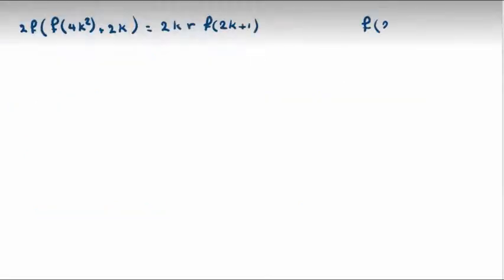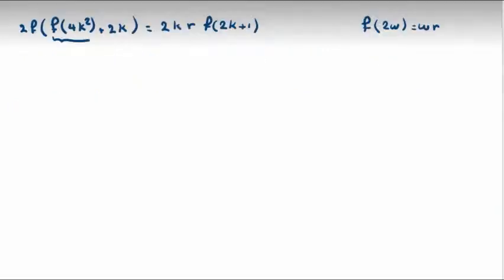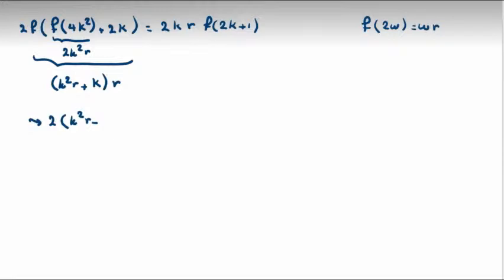And I know that f of 2w equal to wr from this part. So the first one, you should divide it by 2 times r. It will be 2k squared times r. Then for this part, you divide it by 2, k squared times r plus k times r. And then if you multiply by 2, it will be 2k squared r plus k times r equal to 2kr f of 2k plus 1.